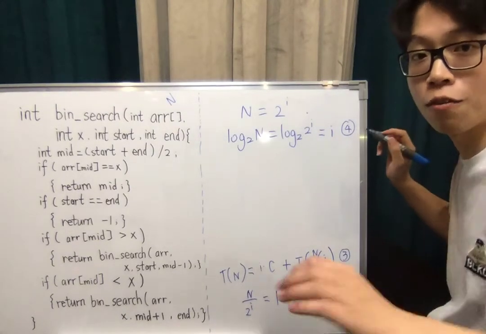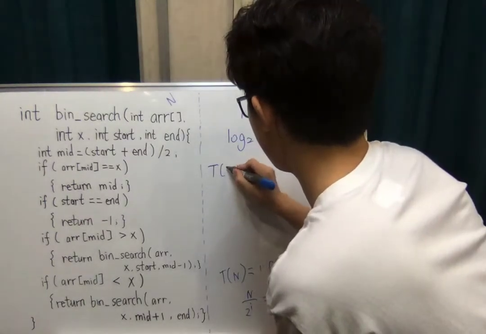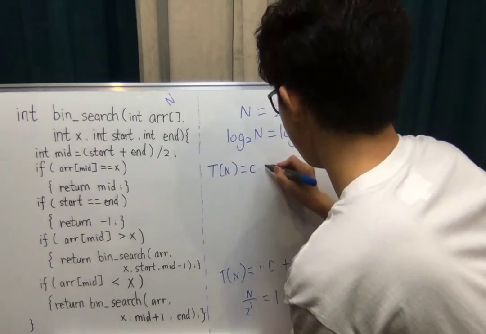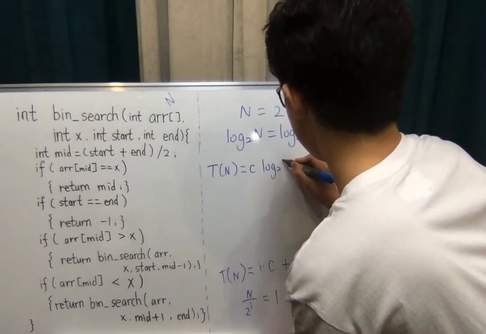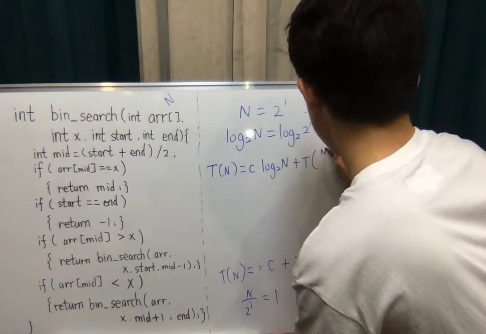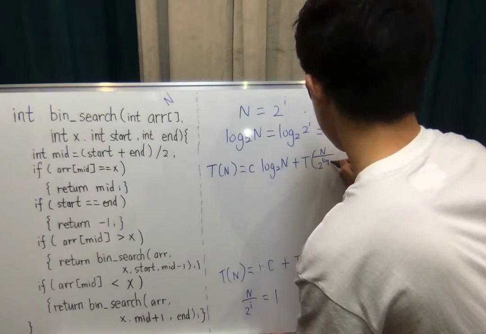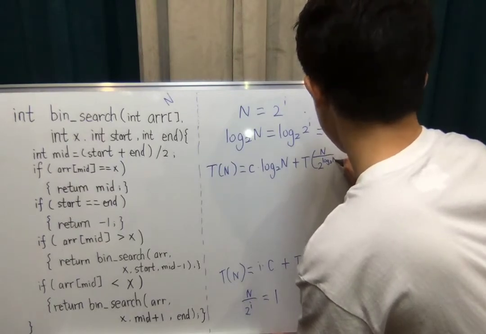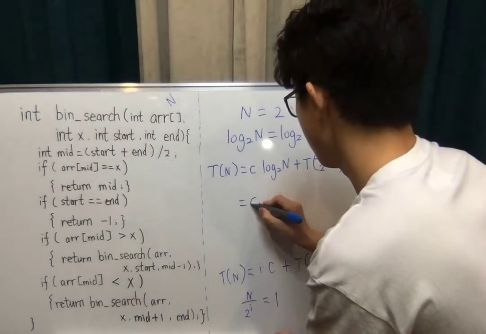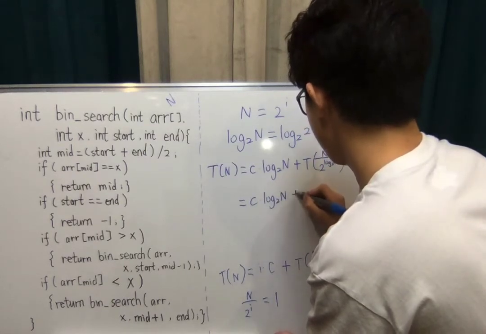Then if we plug formula 4 into formula 3, we will get T(n) is C times log 2 n plus T(n) over 2 to the log 2 n, right?